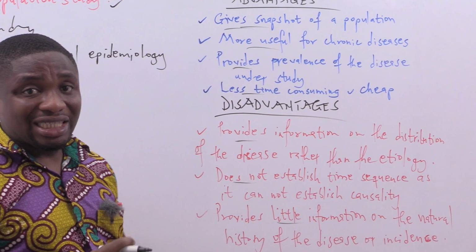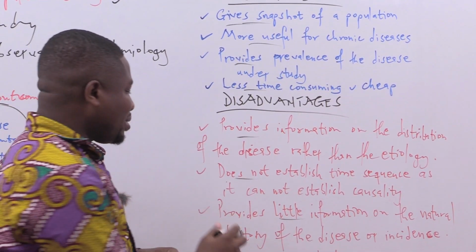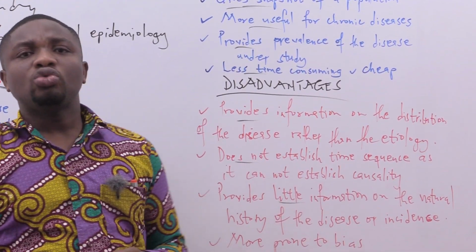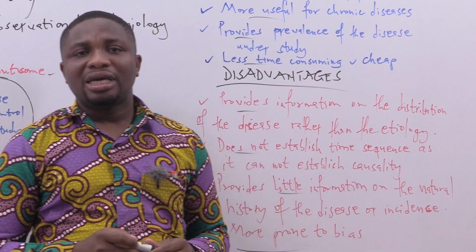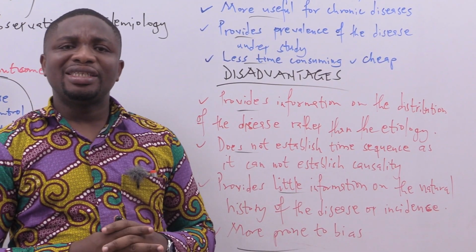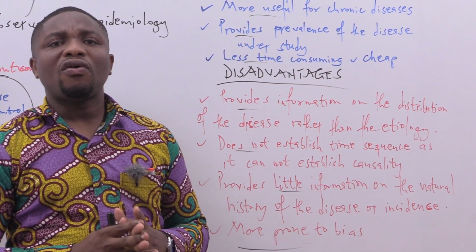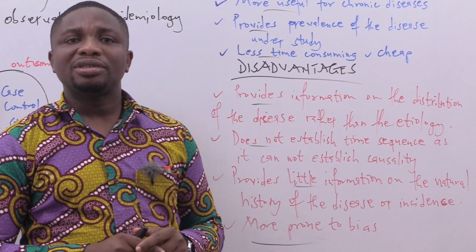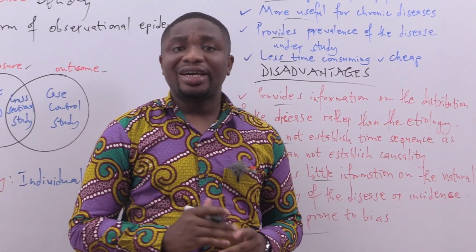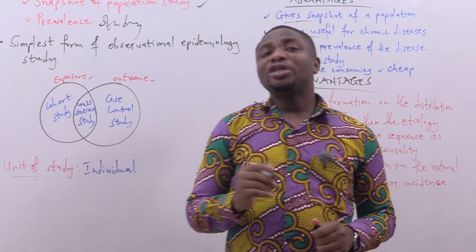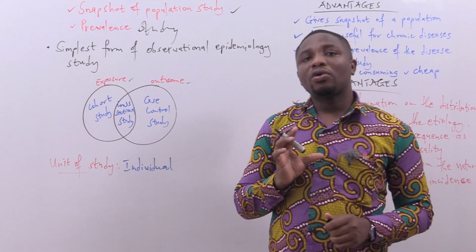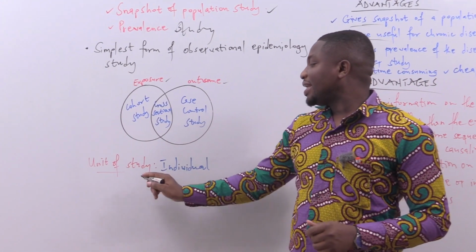Then another disadvantage is that it is more prone to bias. That would do for the advantages and disadvantages of cross-sectional studies. Then finally, you should know that the unit of study for cross-sectional study is going to be the individual.